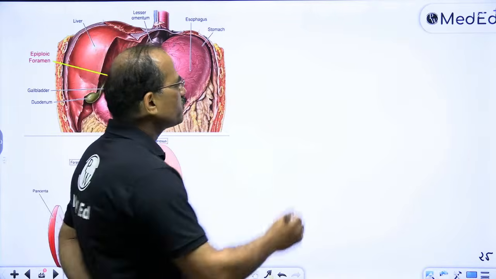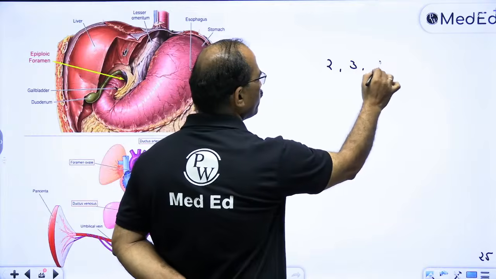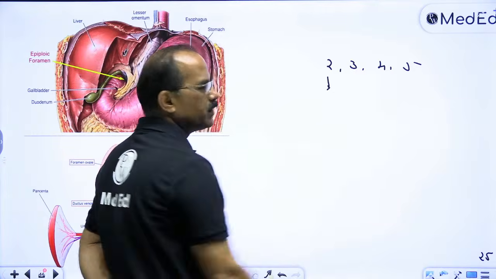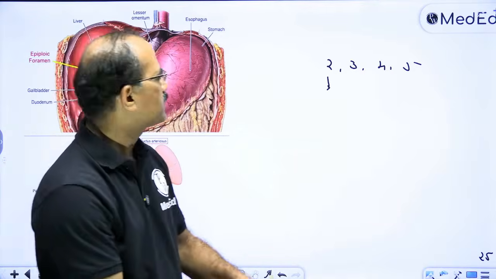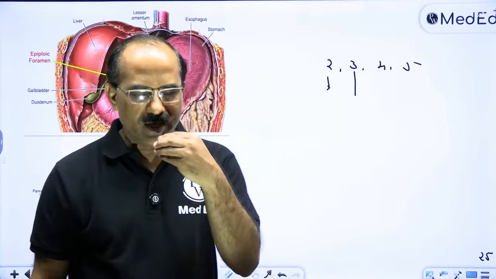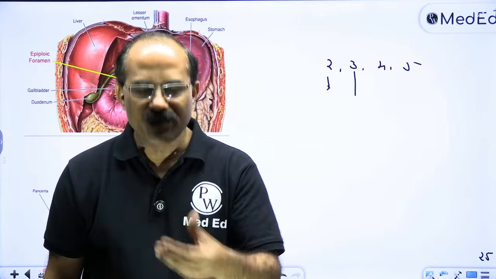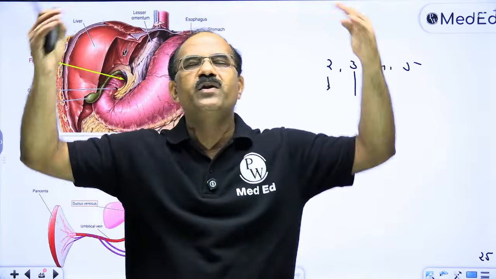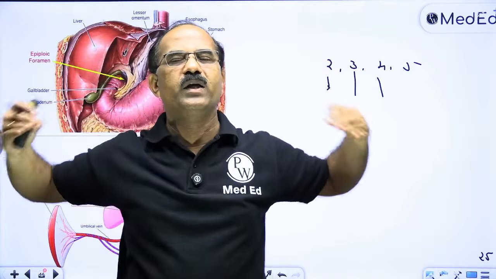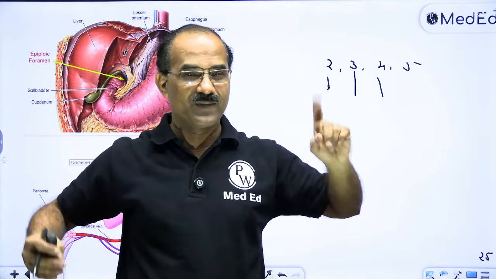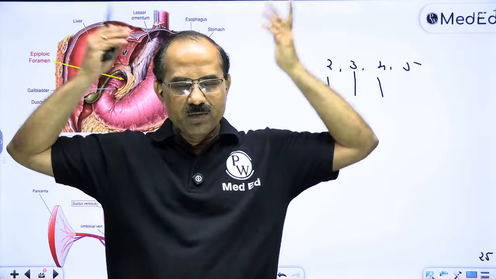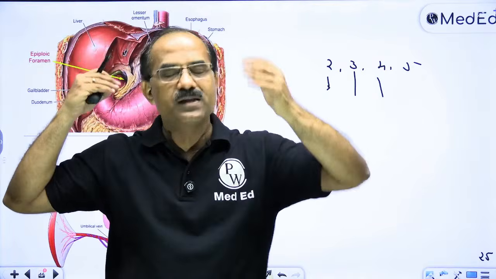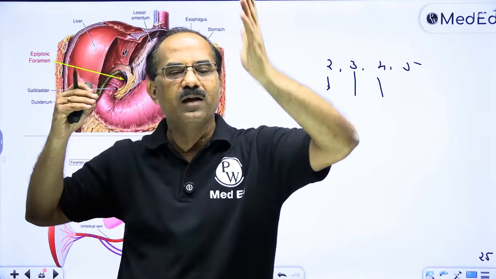Students, you should know the branches of the abdominal aorta: 2, 3, 4, 5. Remember this. 2 are terminal branches, the common iliacs. 3 ventral branches: celiac trunk, superior mesenteric, inferior mesenteric. 4 lateral branches: inferior phrenic, middle suprarenal, renal, gonadal. 5 dorsal branches: 4 pairs of lumbar arteries and 1 median sacral artery.